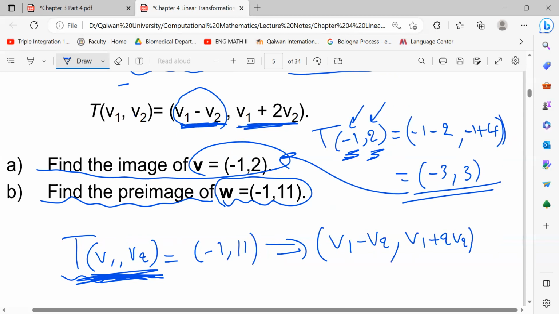This equals (negative 1, 11). Here we have 2 elements, and on the other side we have 2 elements. That means V1 minus V2 equals negative 1, and V1 plus 2 V2 equals 11. Here we get 2 equations. We solve these 2 equations to get the values of V1 and V2.